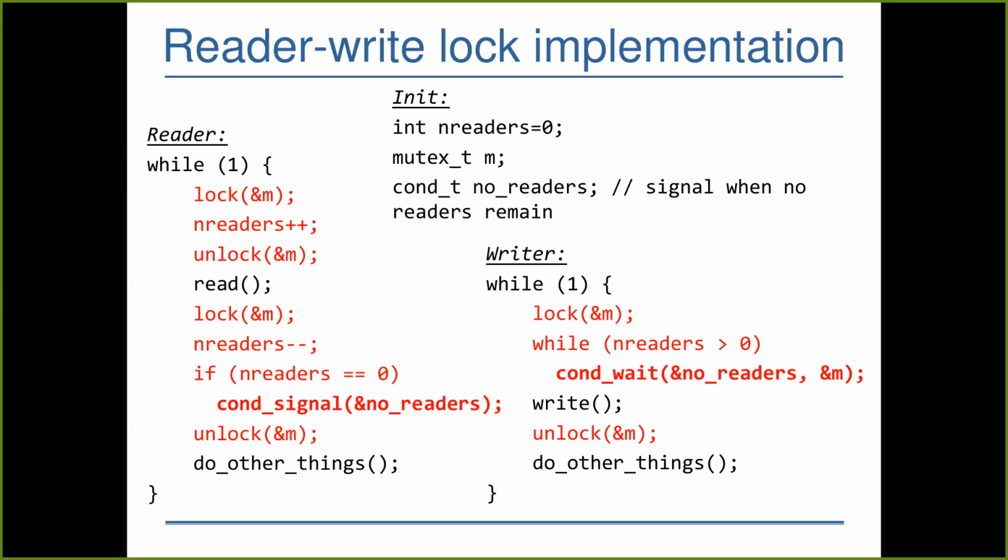Well, remember that cond signal will notify us, right? But we didn't get the mutex yet in cond wait. Remember that internally it sleeps, and then it has to get the lock again, and only after this will it check n readers.